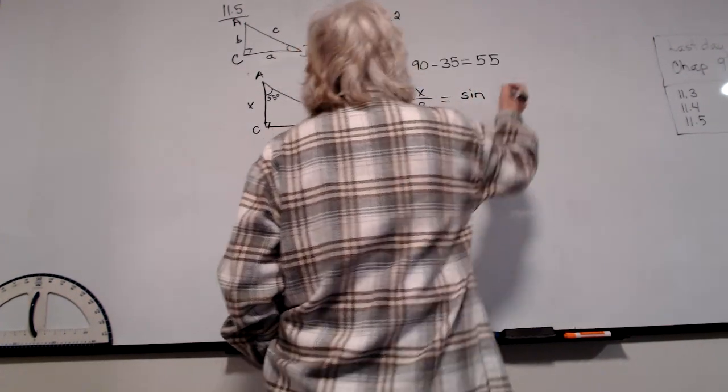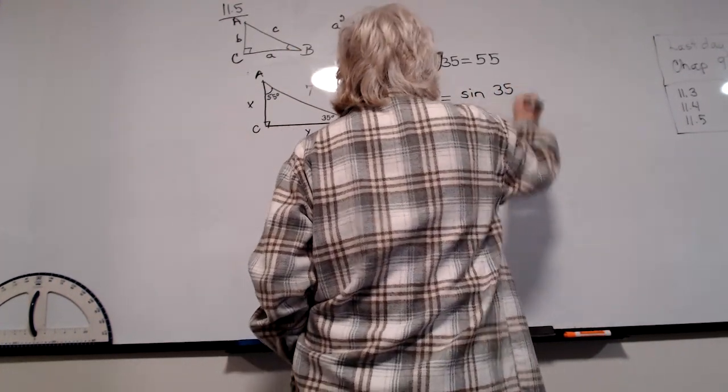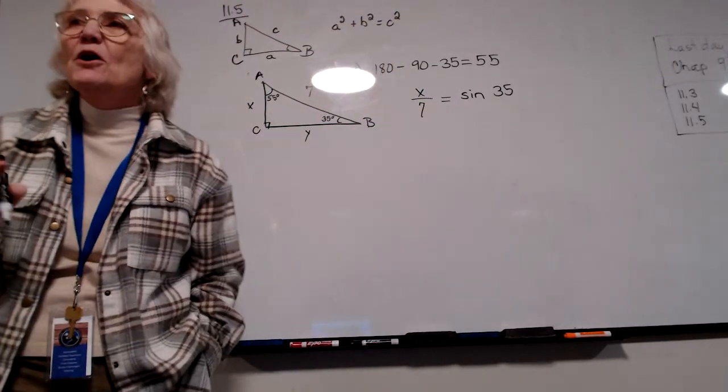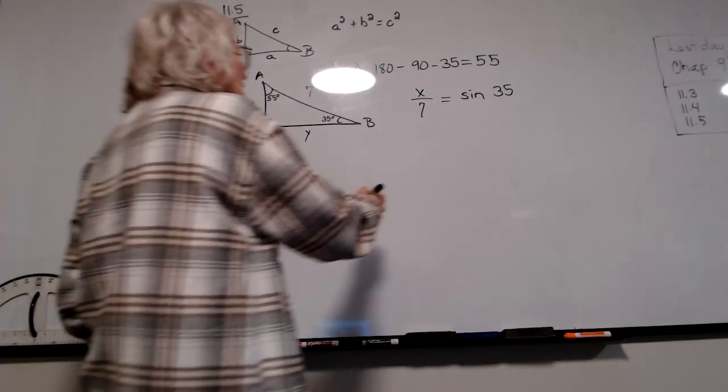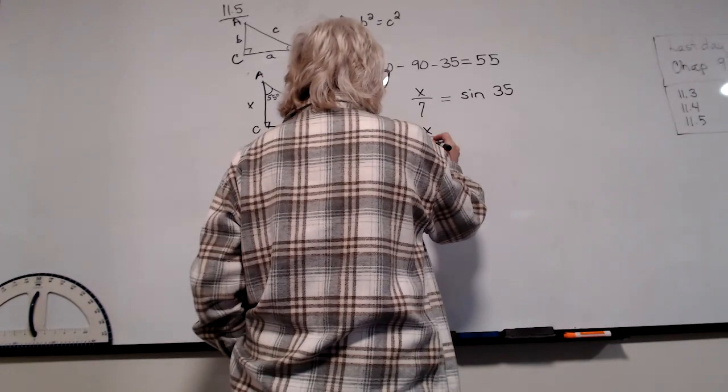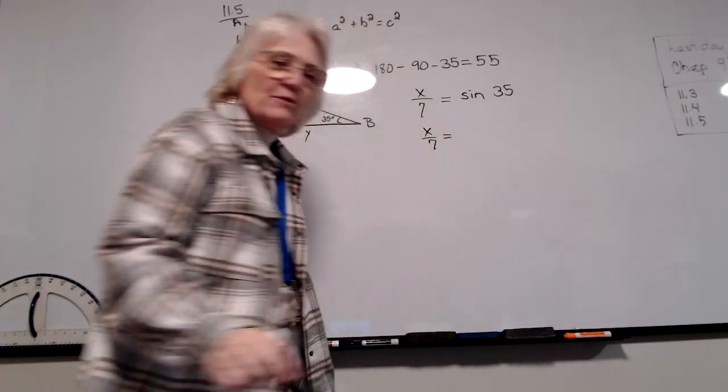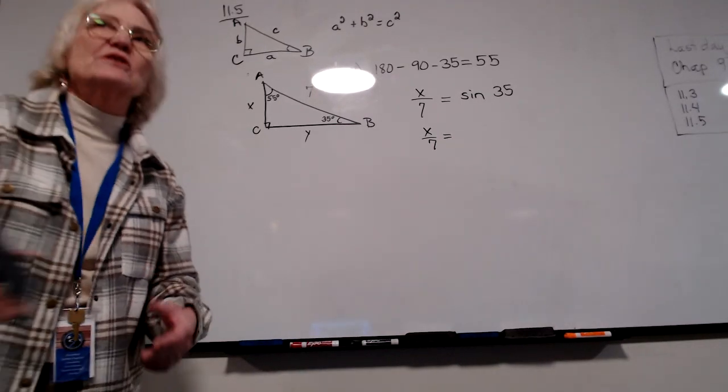Of 35. Of 35, that's correct, because we can put it in the calculator. We can calculate the sine of 35 by putting it in our calculator. So what we now have is X over 7 will equal whatever the ratio our calculator gives us.